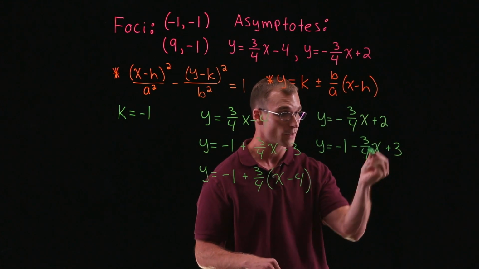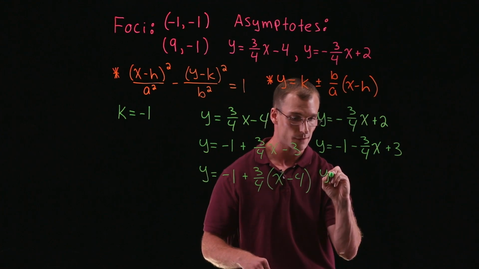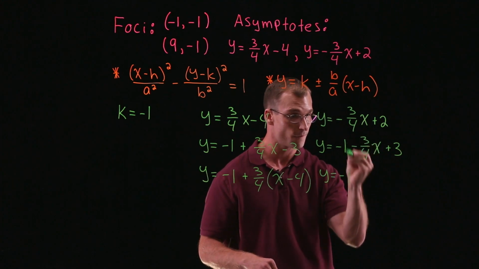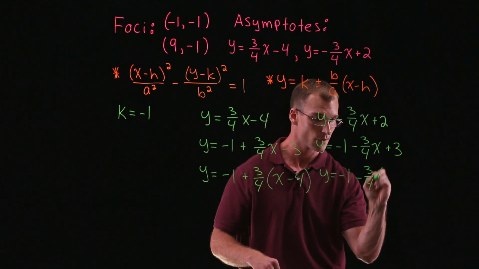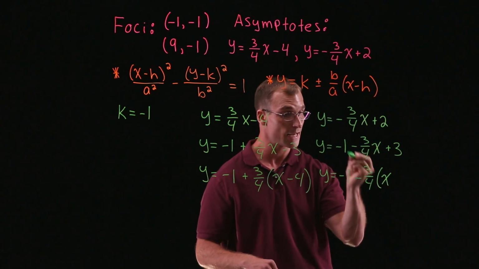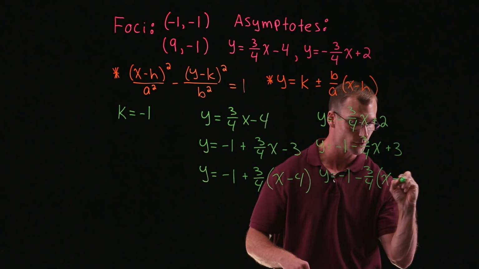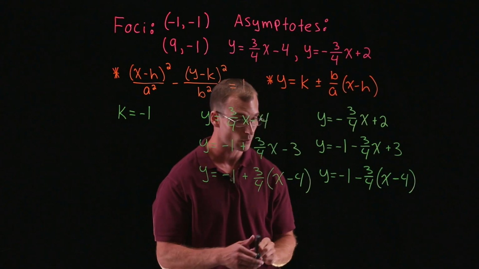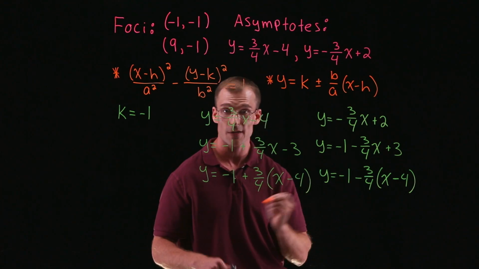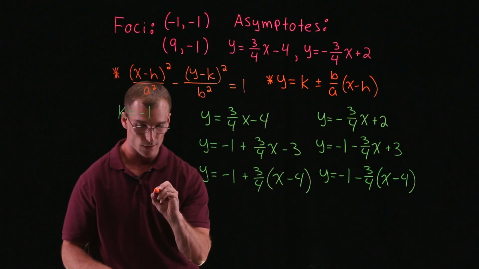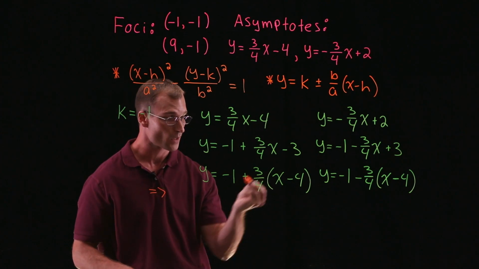Same thing, we factor out -3/4 to get x by itself. That gives us y is equal to -1 plus -3/4 times (x minus 4). If we take a look at these two, other than the plus and the minus, all the values are the same. So that tells us that k is -1.